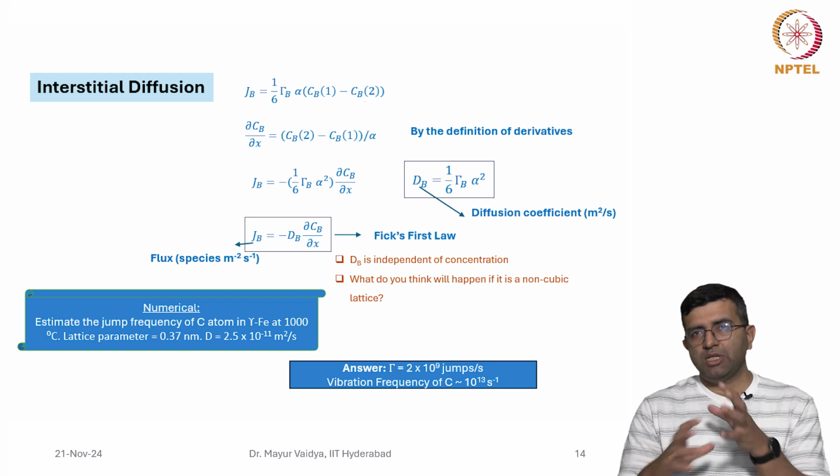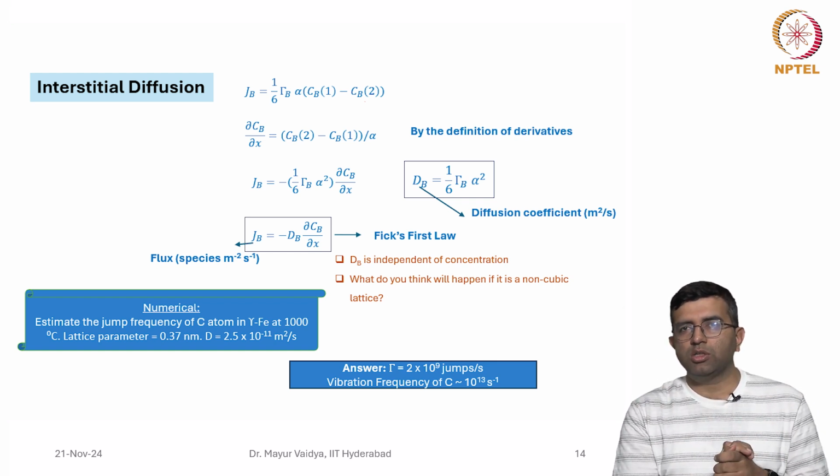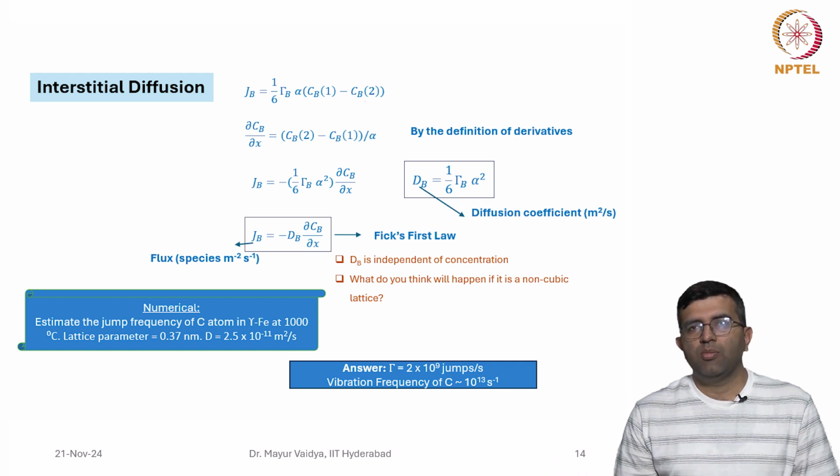Remember, we also arrived at this relation in the random walk theory. Only there we used gamma for the jump distance, the vector; here it is alpha, but essentially the relation is the same. So DB is equal to 1 by 6 gamma B into alpha square. And you see that here DB is independent of concentration.